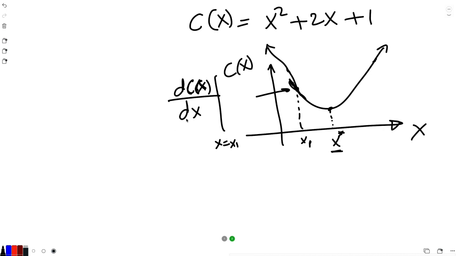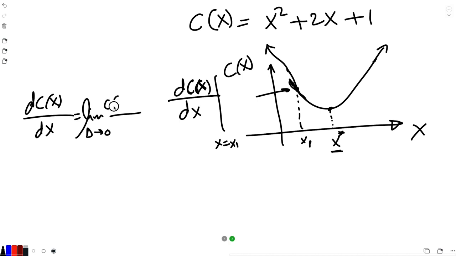The slope is actually the rate of change. dc(x)/dx is the rate of change, and from basic math we know that dc(x)/dx is the same as the limit when delta goes to 0 of (c(x + delta) - c(x)) / delta.